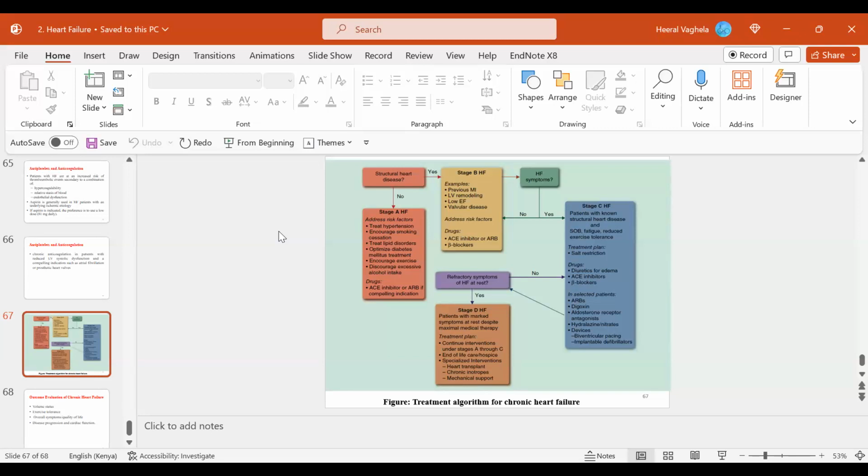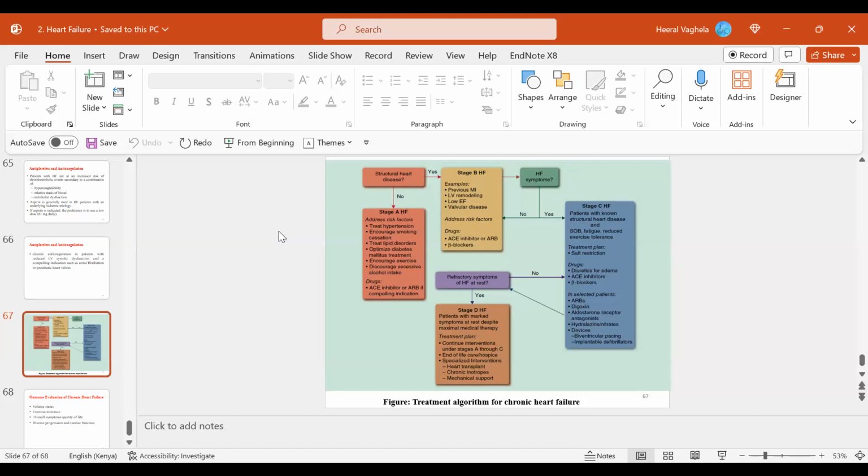Digoxin is also given to patients who have atrial fibrillation. Then when you come to stage D, where the patients have all their symptoms even at rest, mostly you need a heart transplant or end of life care.